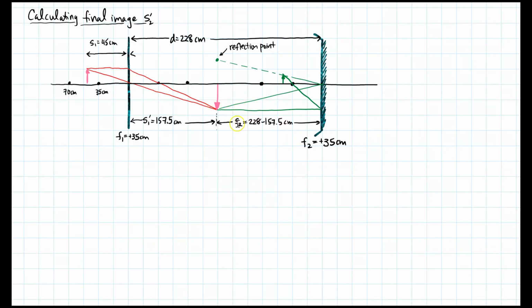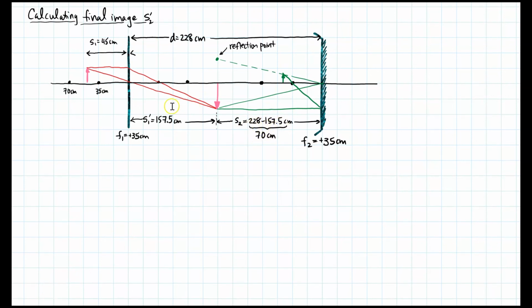For this object S2, I need S1 prime, which is 157.5 centimeters. I know the distance between these two is 228 centimeters, so the new object distance is 228 minus 157.5 centimeters, which gives me 70 centimeters. So now I have all the details.